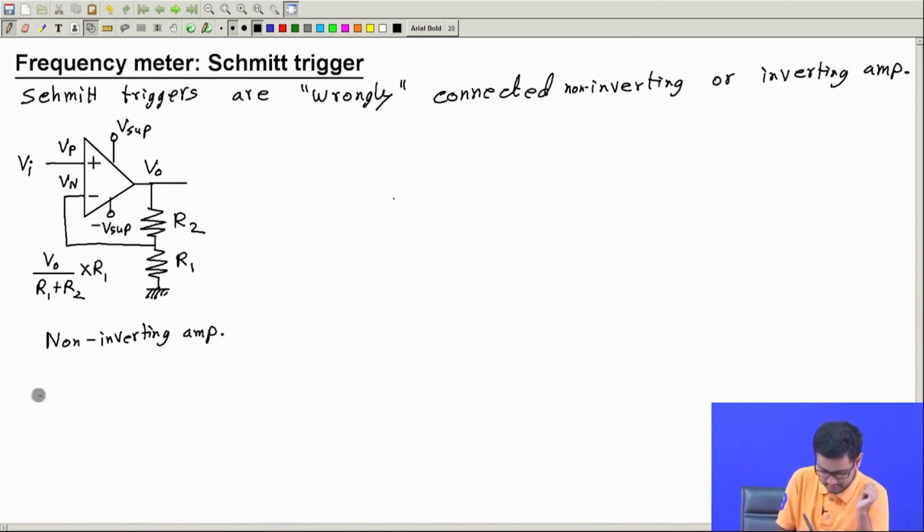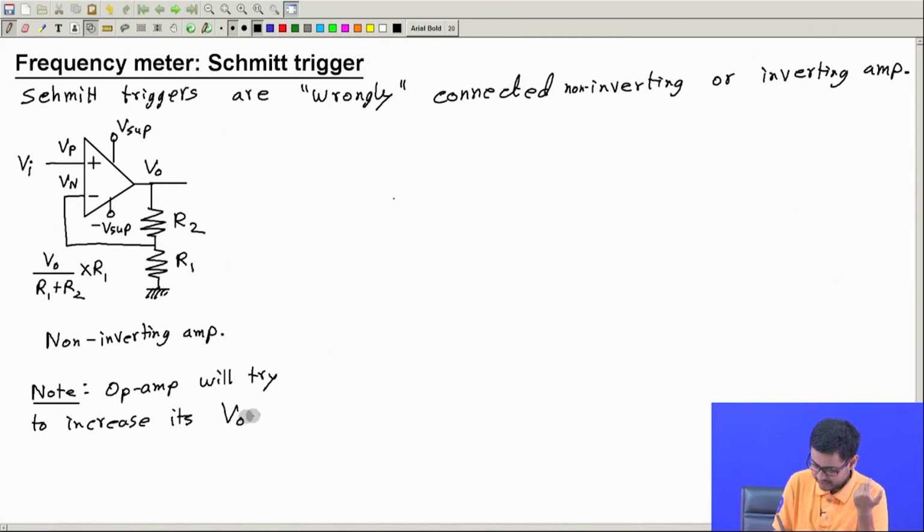The rule or note, so this is also seen in static characteristic, that op amp will try to increase its output VO towards V supply, positive V supply, if Vp is greater than Vn.